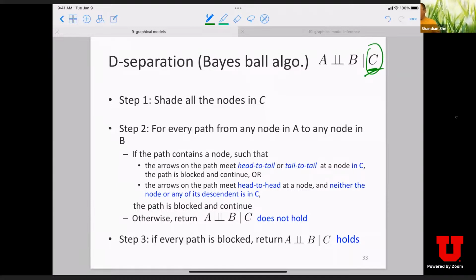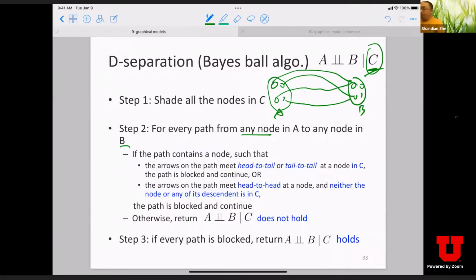Then we enumerate every path from any node in A to any node in B. You can imagine there are quite a few nodes in A and quite a few nodes in B, and there could be many paths from any node in A to any node in B. C might have some nodes in the middle of those paths, or might not have any. It doesn't matter.